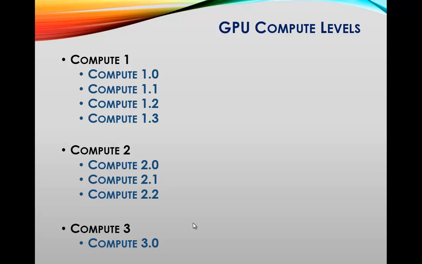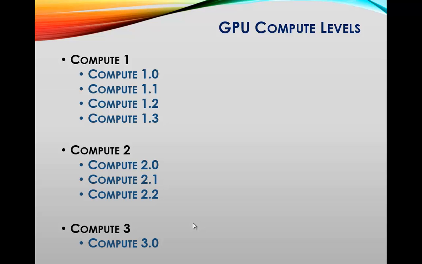The compute levels are categorized into the major revision and the minor revision. So the number before the period in the compute level is your major revision, and the number after is your minor revision. And there are three generations so far, three major revisions: compute 1, 2, and 3.